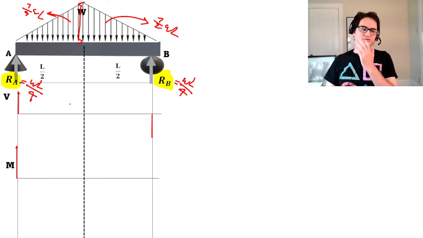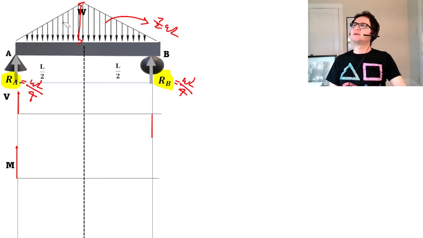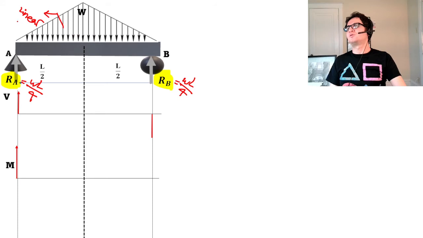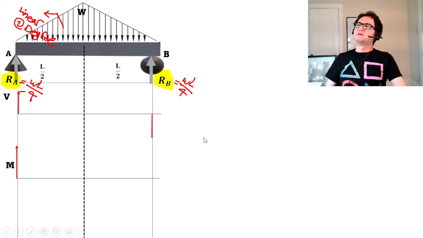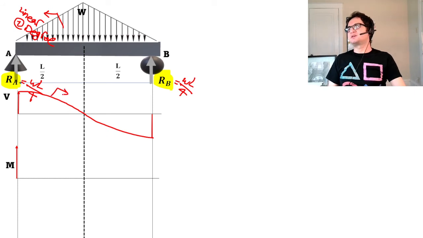And if we want to draw the shear, if you remember, this is a linear loading, so that's a linear or first degree. So loading is just shearing, it just comes up by WL over 4 and goes like this by a second degree curve, and due to symmetry, second degree.